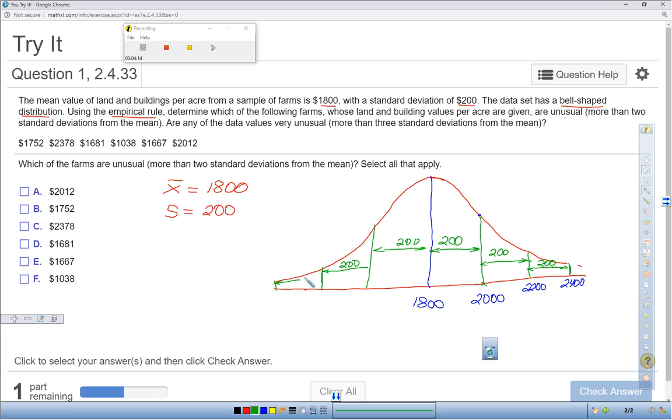And this one is about another 200. So just subtract 200 from 1800 to get the marks over here. So 18 minus 2 is 1600. 16 minus 2 is 1400. And 14 minus 2 is 1200.